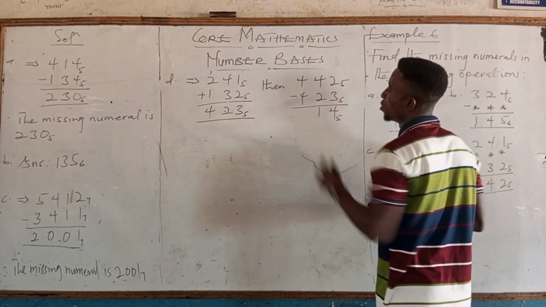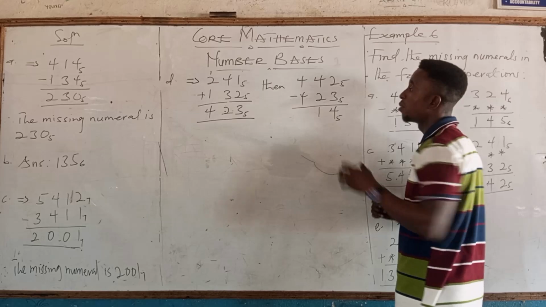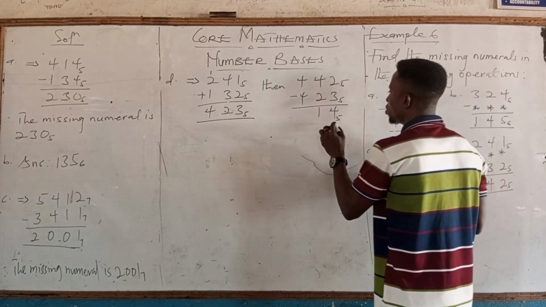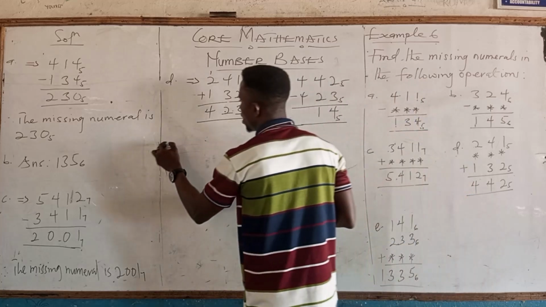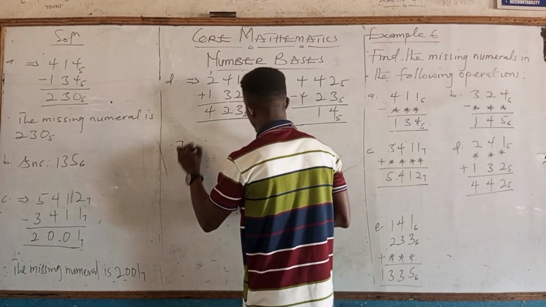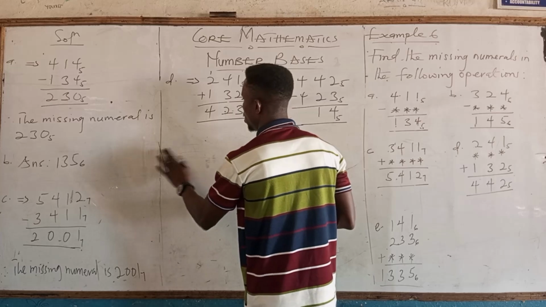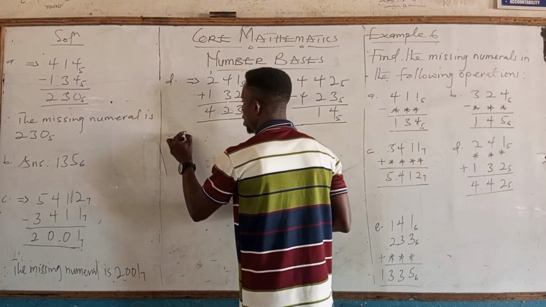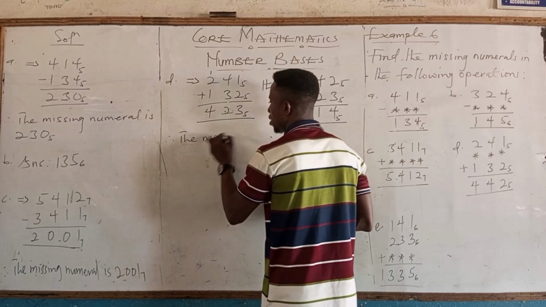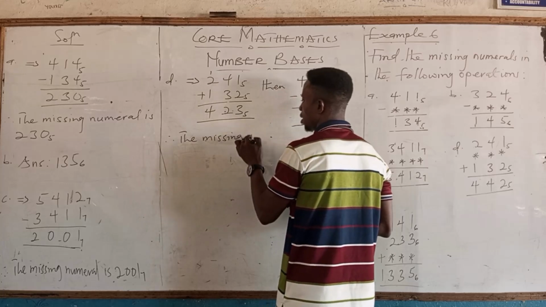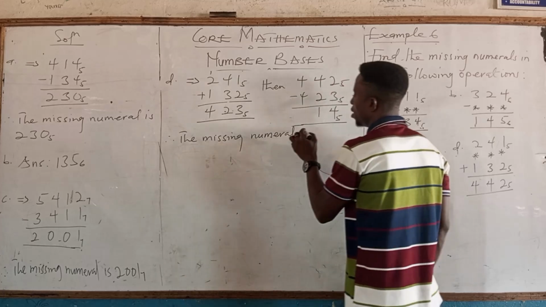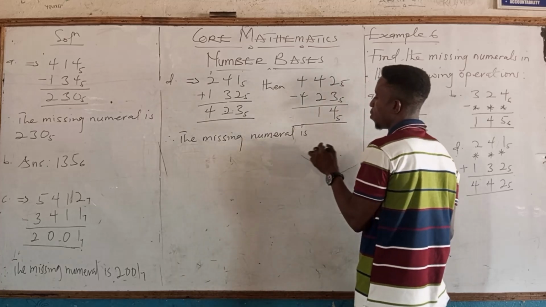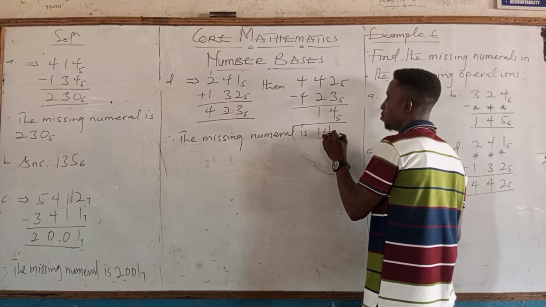And here it's left with 0, because 4 minus 4 is 0. Therefore the missing number or numeral is 1 4 base 5.